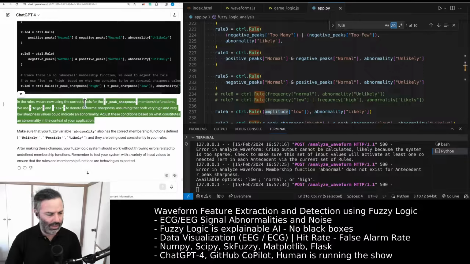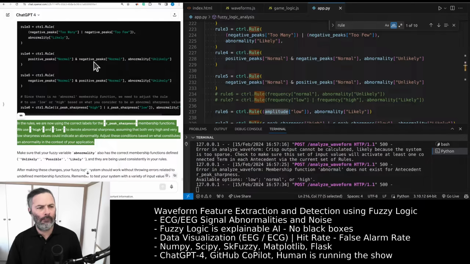Let's read this. Did it pick up any mistakes in the rules? We are now using the correct labels for the R_peak_sharpness membership functions. We use high and low to denote abnormal sharpness, assuming that both very high and very low sharpness values could indicate an abnormality. Adjust these conditions based on what constitutes an abnormality in the context of your application.